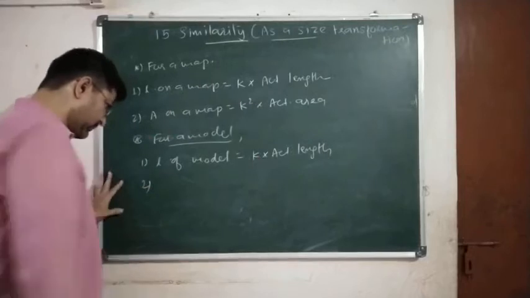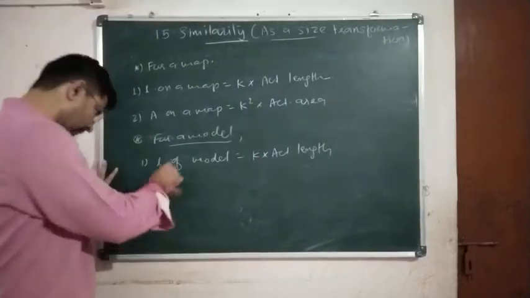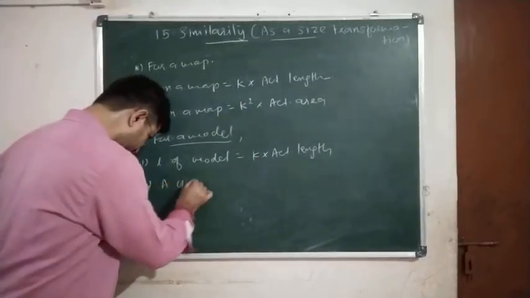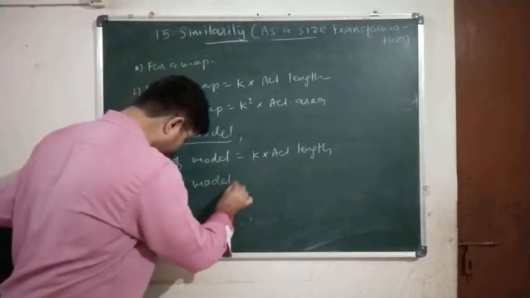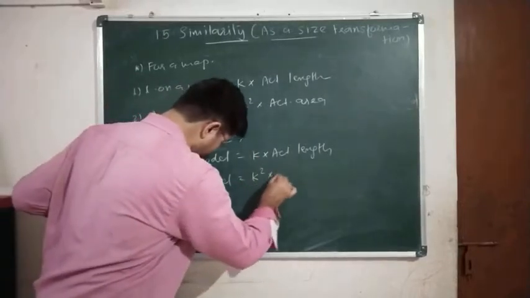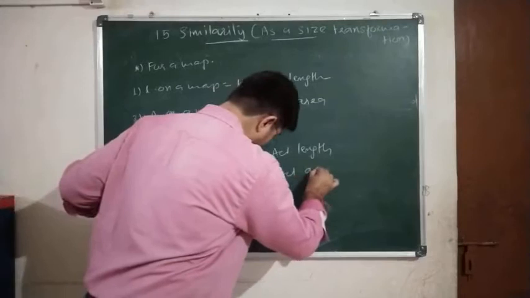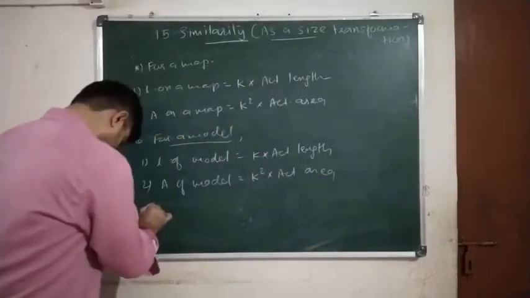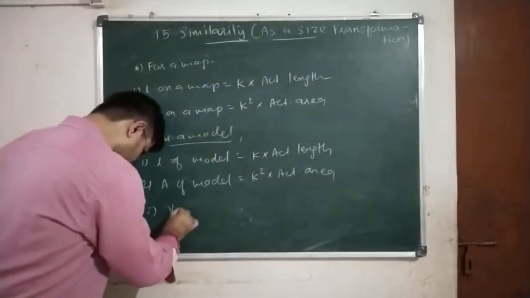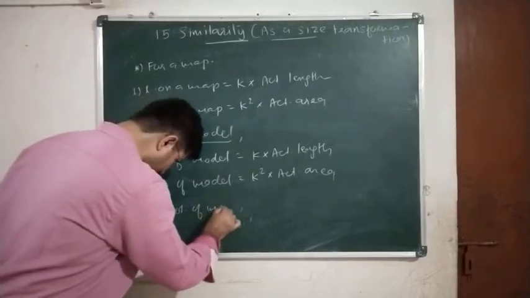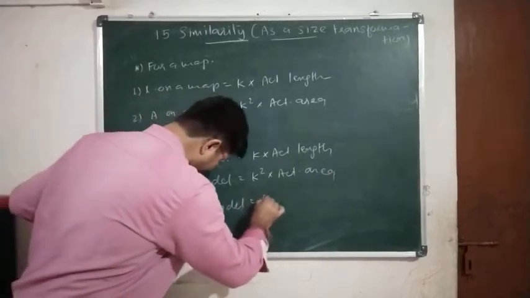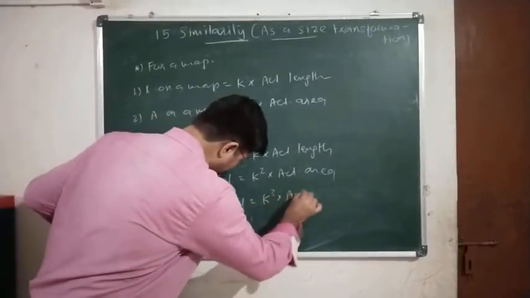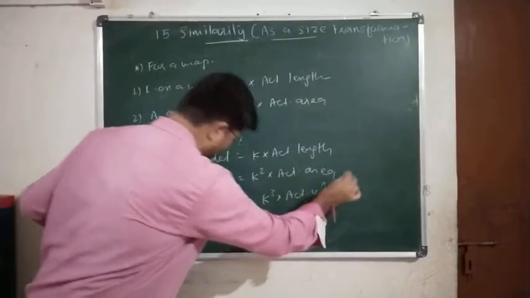Then again for breadth and height same only. Area of model is equal to K square into actual area, and volume of model will be equal to K cube into actual volume.